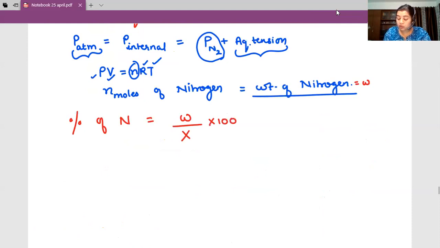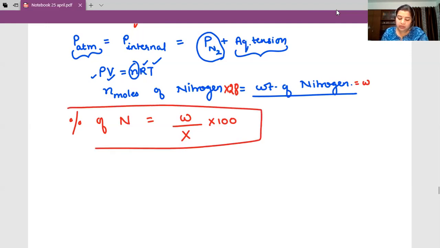Of course, number of moles of nitrogen into 28 will be equal to the weight of nitrogen. Using that weight of nitrogen in W upon X into 100 will give you the percentage of nitrogen in the unknown organic compound.